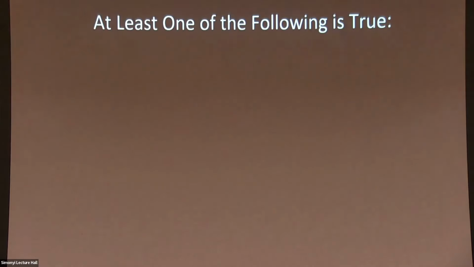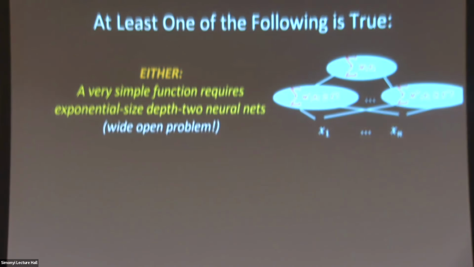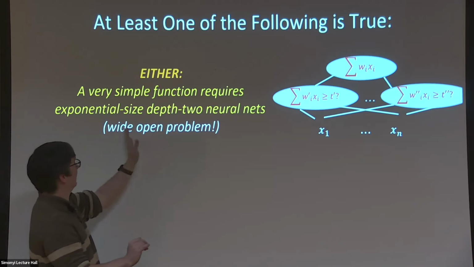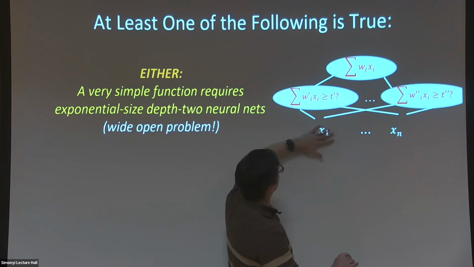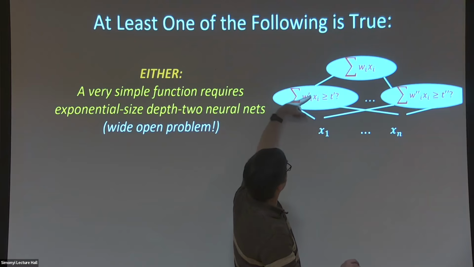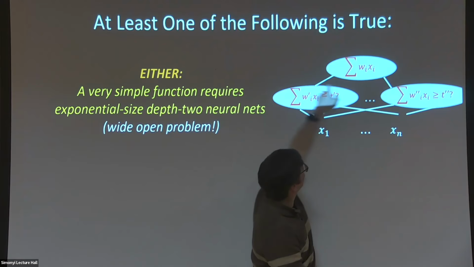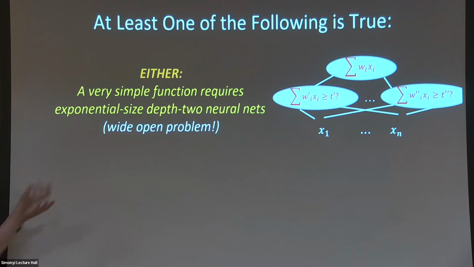In a one-slide summary, it's one of these win-win things. At least one of the following things is true. Either an extremely simple function needs exponential size depth-2 neural nets, which is a wide open problem. Depth 2 just means that I have Boolean inputs and linear threshold functions computing a linear combination of the inputs and checking whether it is at least a threshold, feeding into some linear combination that computes a 0,1 value.